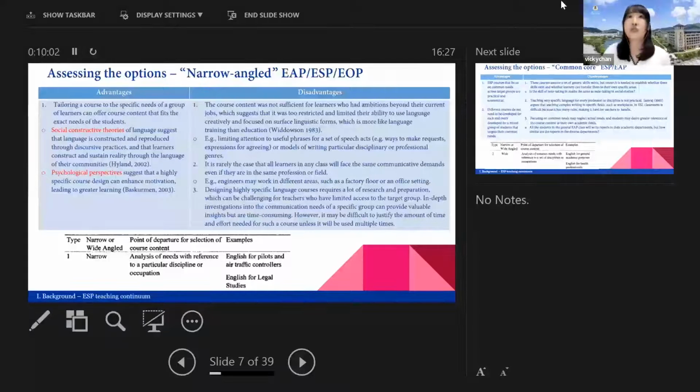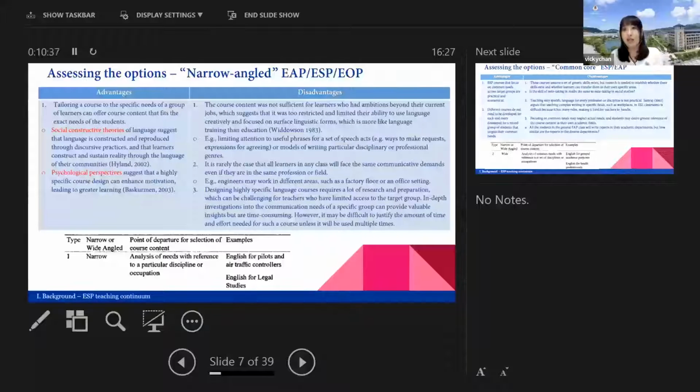Now, just to go through some of the advantages with you guys for the very narrow focused EAP or ESP, as you guys can see, for sure, those kind of courses, they really fit the specific needs of the student. And from that could also benefit from a social constructive perspective as well as the psychological perspectives, because the social constructive theory suggests that actually language learning happens through language communities.